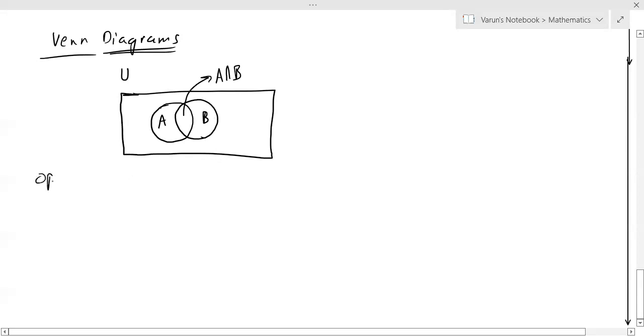First, we'll talk about operations on sets. This is where the important part starts. First of all, we'll talk about the union of sets, the union operator.